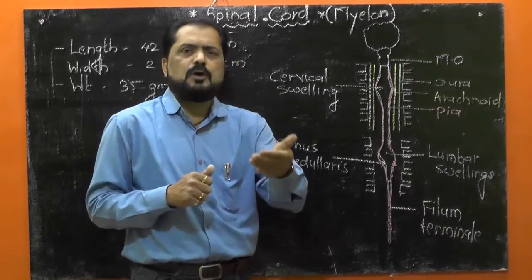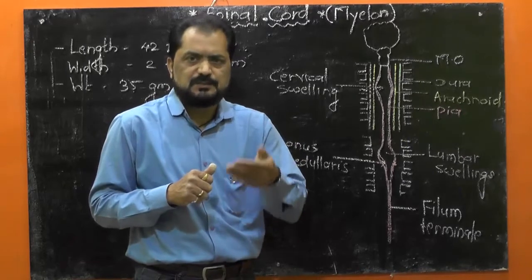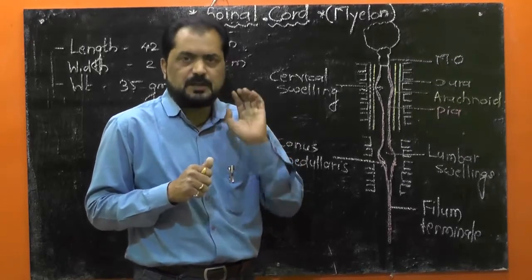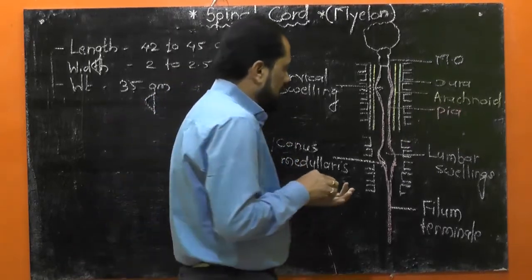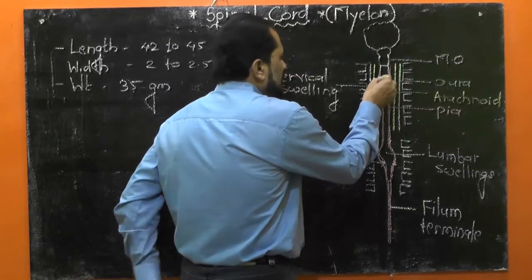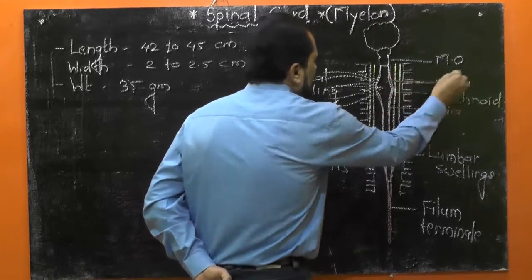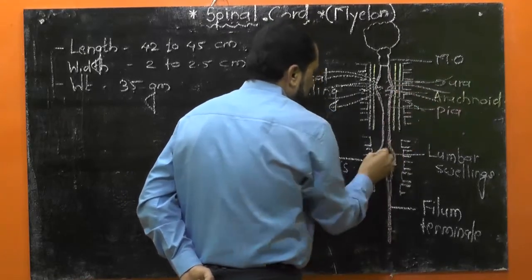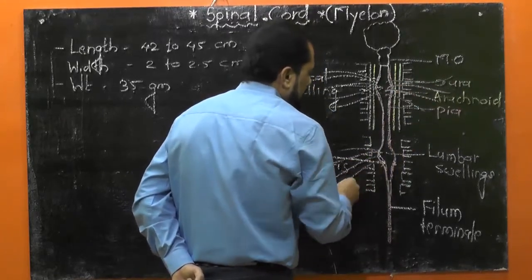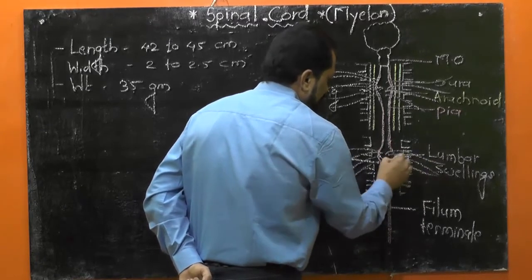We are going to talk about these spinal nerves in the next topic, but temporarily just remember that whatever nerves arise from this region are many in number and are supplied to the arms and legs respectively.